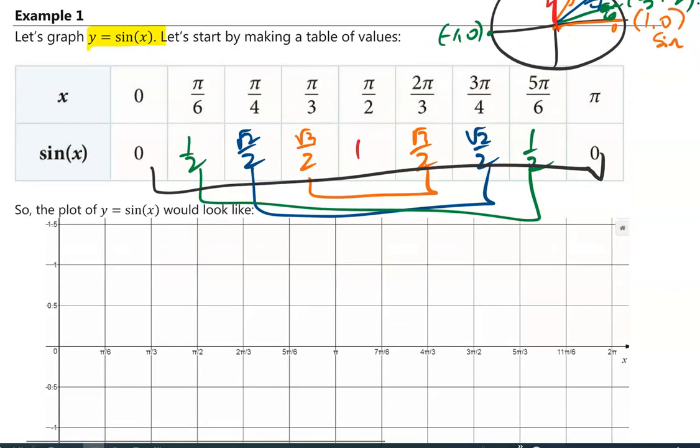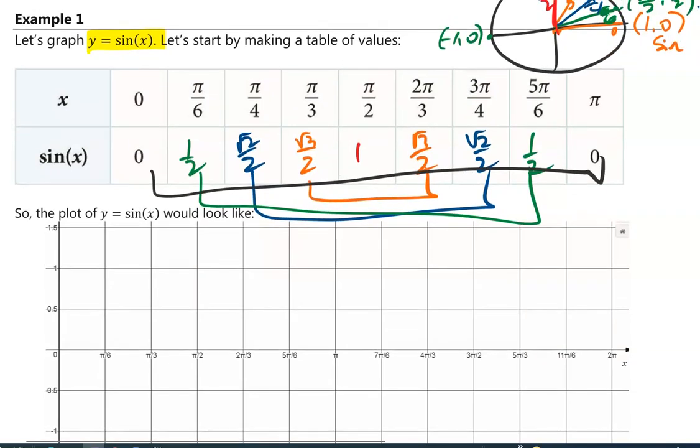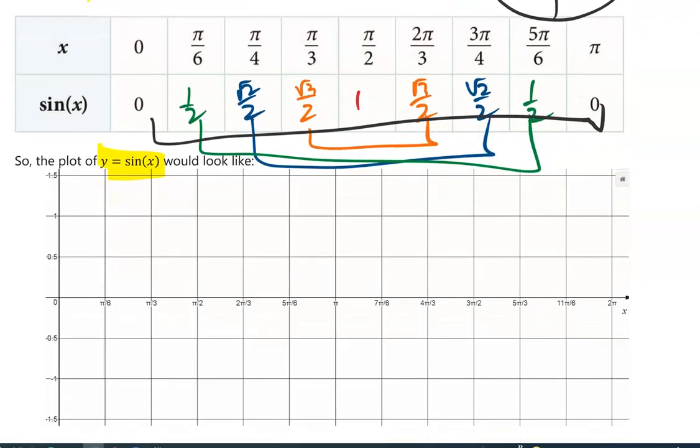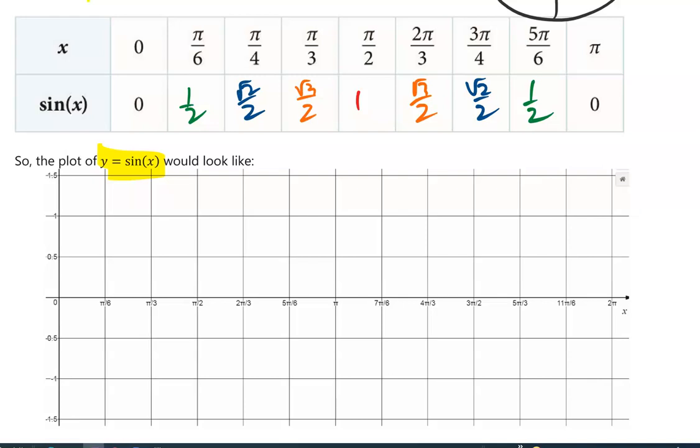Okay, so let's plot all these points. And that's going to be our y equals sine x. The first one, 0, 0. Next, pi over 6 is 1/2, 0.5.